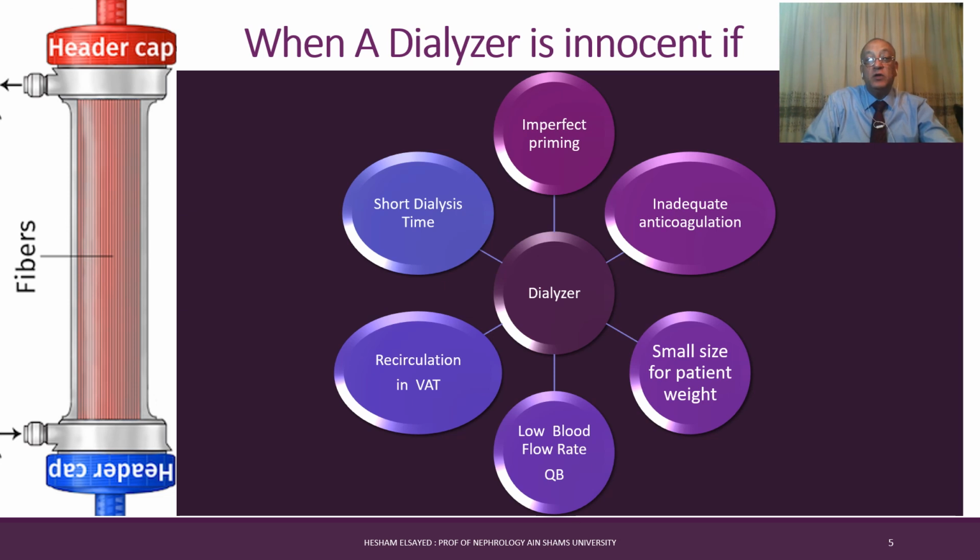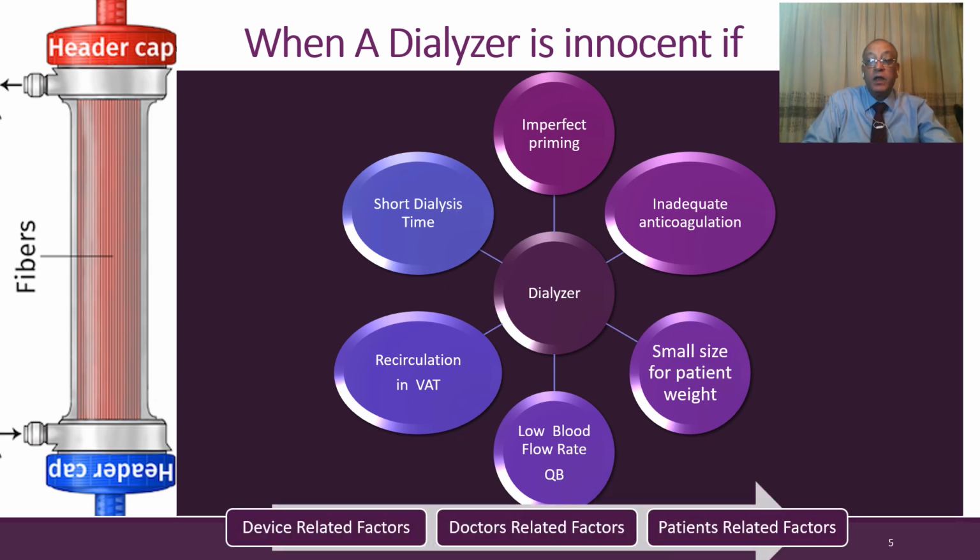In all these cases, the dialysis adequacy is not related to the dialyzer, but more to the techniques and behavior of the dialysis session. So it's a device-related factor or nephrologist-related factor, and sometimes a patient-related factor, mainly the vascular access.